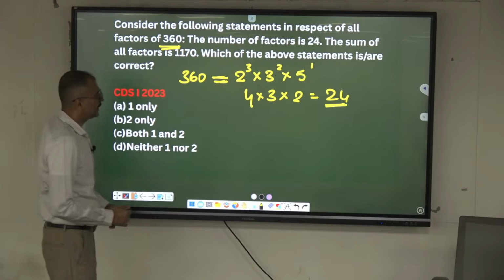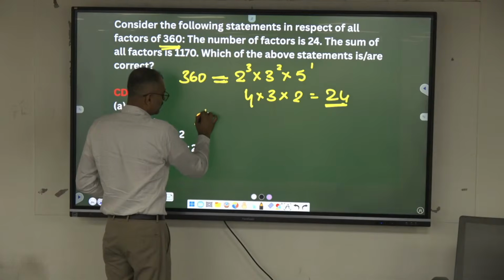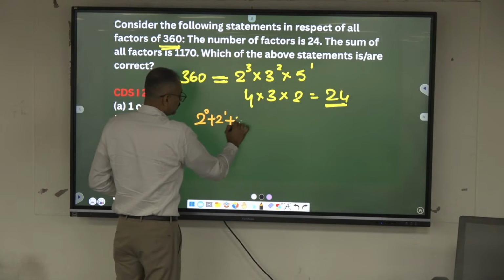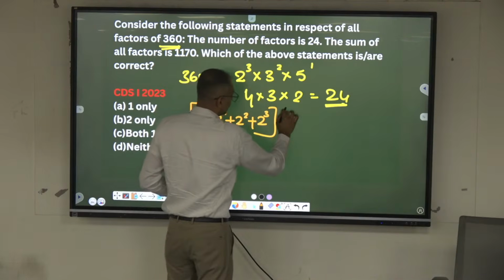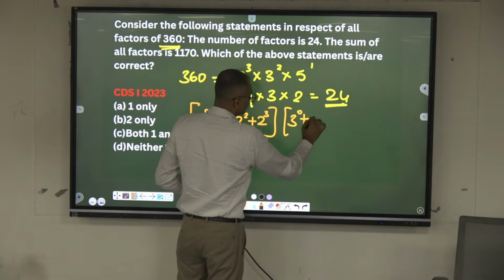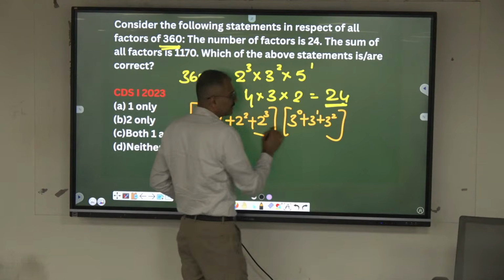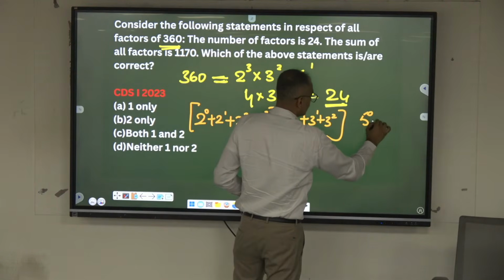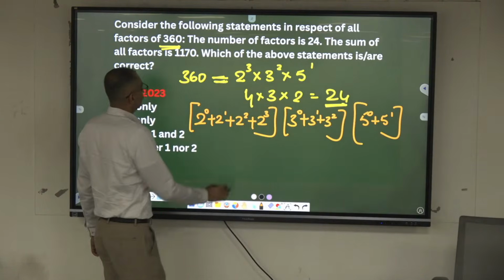Okay, how to find their sum? We have 2 power 3, meaning 2 power 0, 2 power 1, 2 square, 2 cube. Similarly 3 square means 3 power 0, 3 power 1, 3 square. Similarly 5 power 1 means 5 power 0 plus 5 power 1. Okay, is the product 1170?